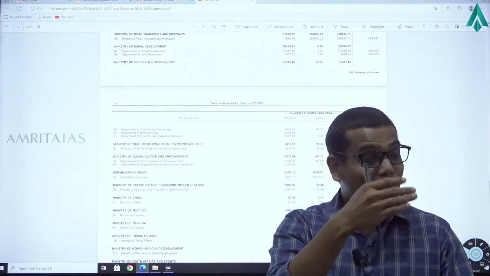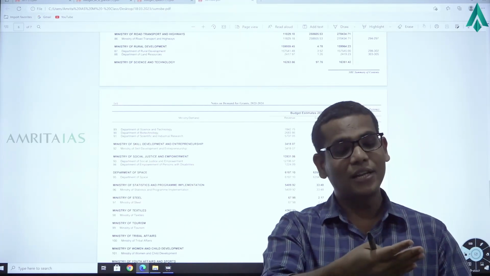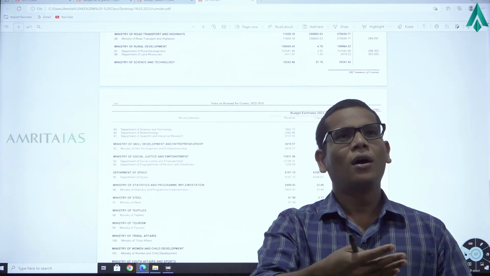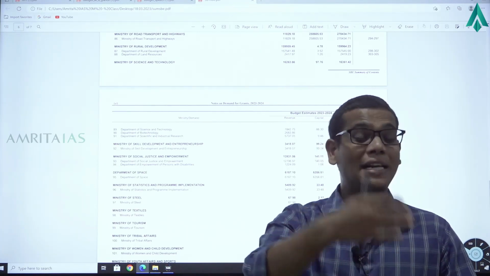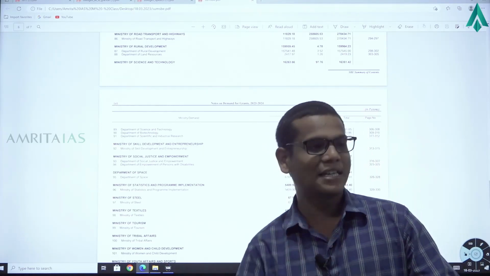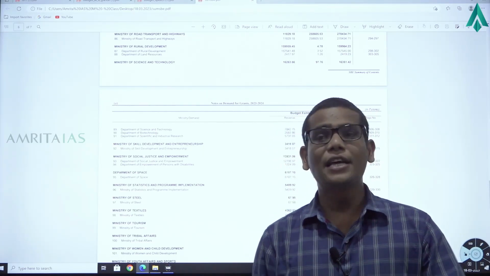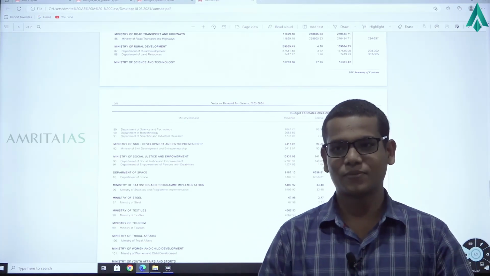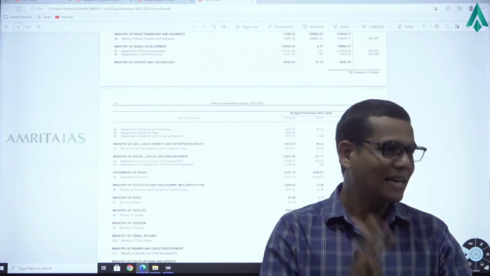When there is no requirement to share it at the sub-state level, that means at the district level and so on, there is no point in collecting the cess.